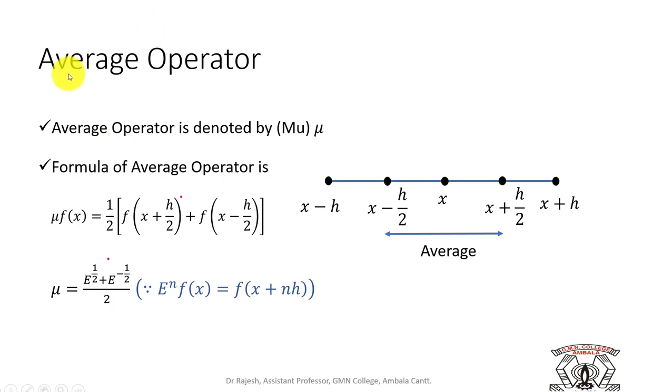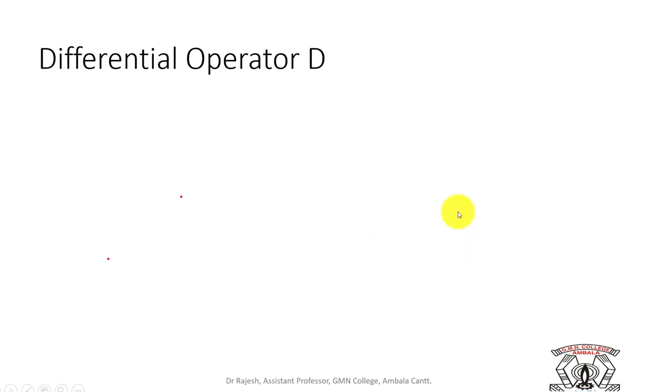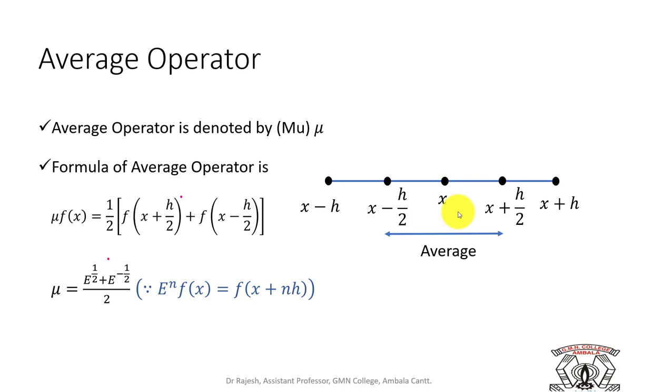So this operator is known as average operator. Once again, why is it average? Because it is in between these two numbers. In the central operator we had taken the difference, there was no division by 2, because in average it is implicitly by definition divided by 2.